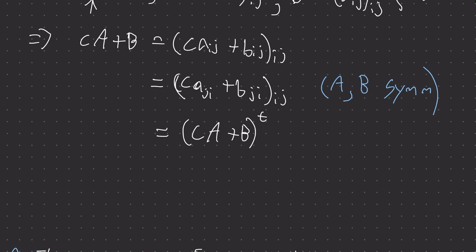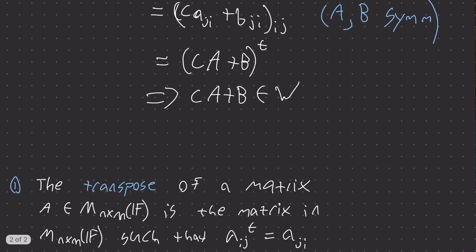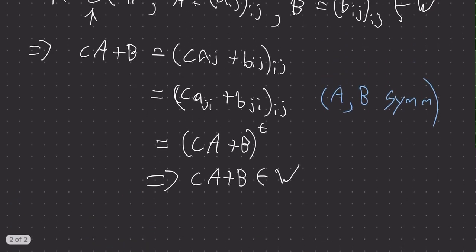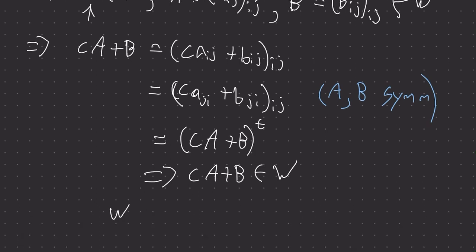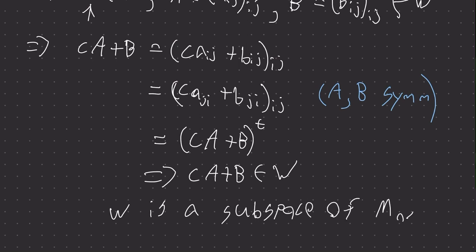So cA plus B is equal to cA plus B transpose. Therefore, cA plus B is an element of W. And because of this, W is a subspace of the matrices n by m.